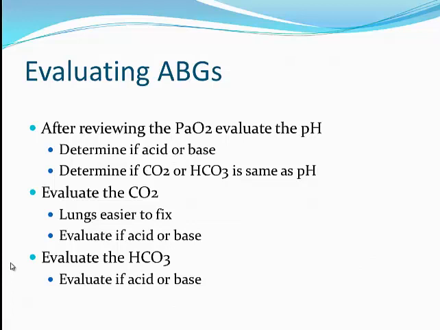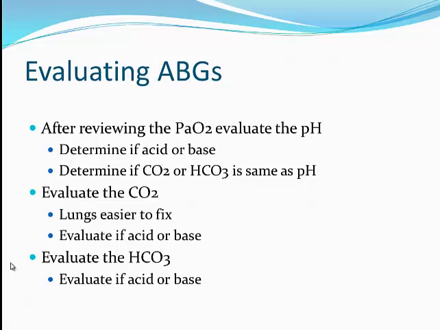So in respiratory alkalosis, the pH is elevated, so we know it's alkalotic, and the PaCO2 is decreased. And in respiratory acidosis, the pH is low, but the PaCO2 is elevated. See how in respiratory it's the opposite. Metabolic, they're equivalent, so that's where we get our ROME.